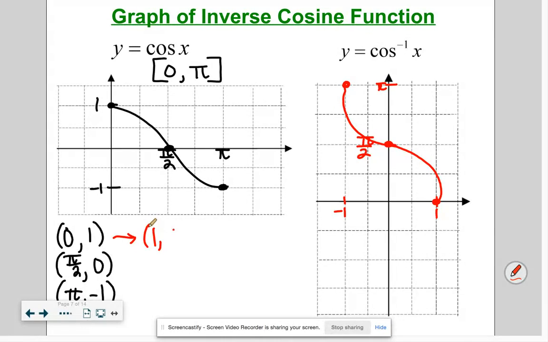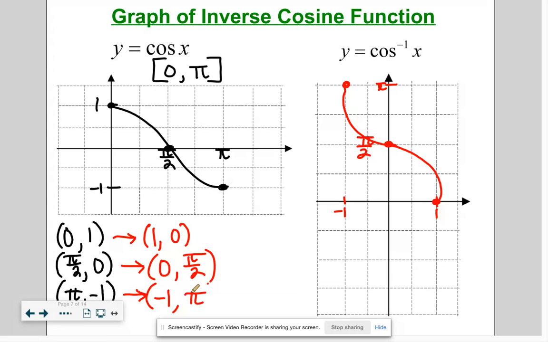It's now going to be 1, 0, and so on. So I'm flipping all these points. Those are all going to be ordered pairs that exist on the inverse cosine wave. And also the shape goes the opposite direction, the way it's bowed will flip a little bit. So here's what the inverse cosine graph looks like.